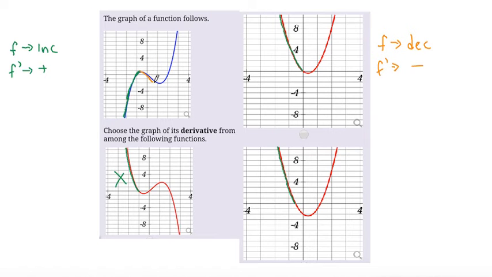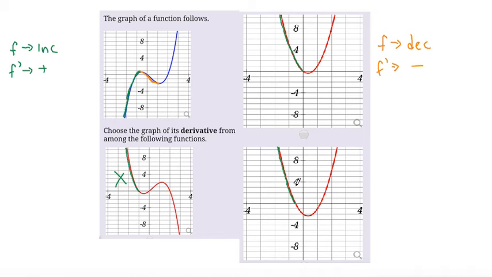It's going from the top of the mountain down the hill to the bottom of a valley, right here at about 1 or just a little bit past it. So we know that our original function is decreasing from about -0.5 to about +1.